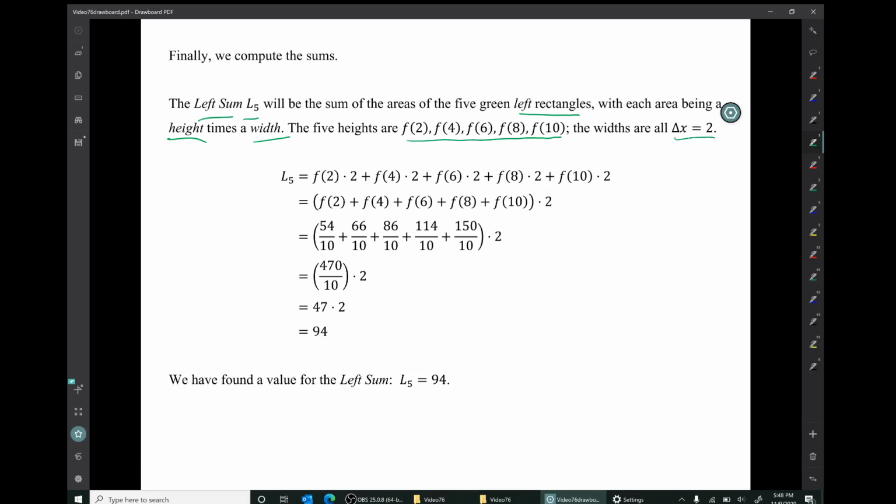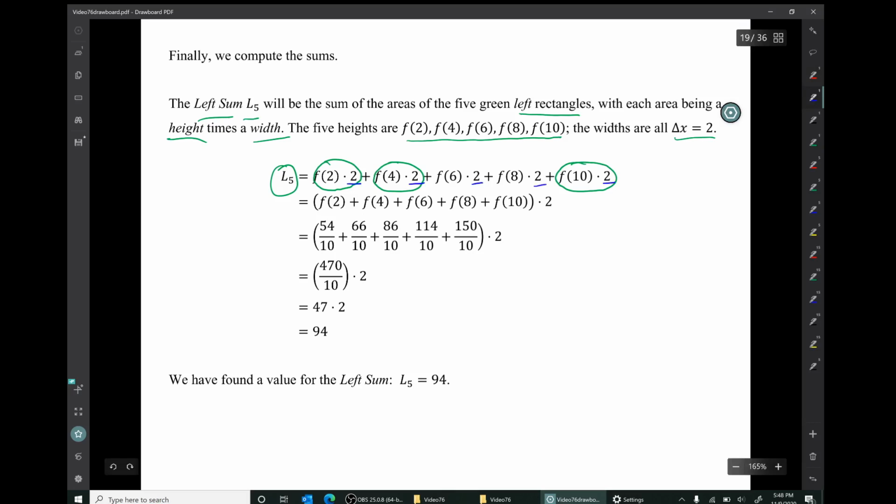So this number, denoted L subscript 5, is height times width for the first rectangle, height times width for the second rectangle, all the way down to the final rectangle. The rightmost rectangle is the 5th rectangle, its height times its width. Now notice that each of those terms, each of those areas, height times width, has a common factor. They all have the same width, 2.